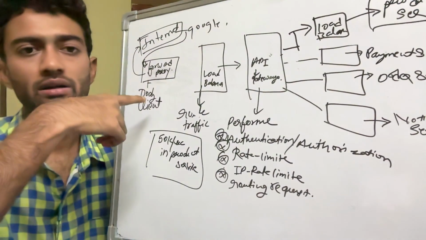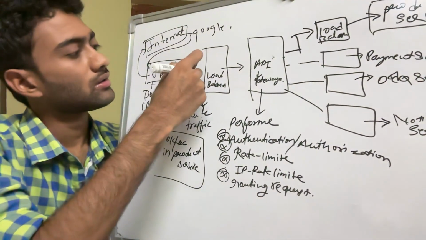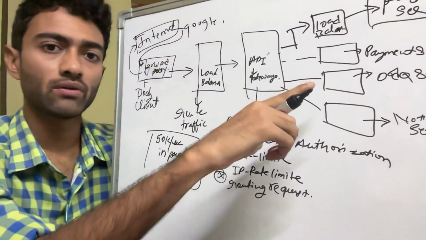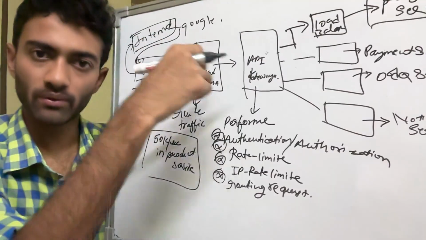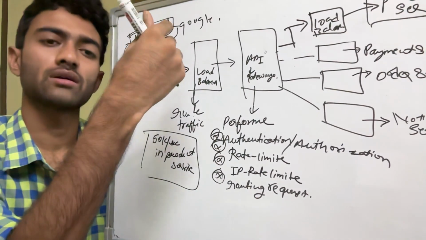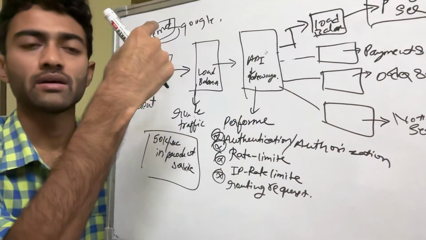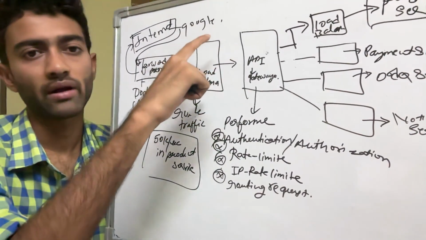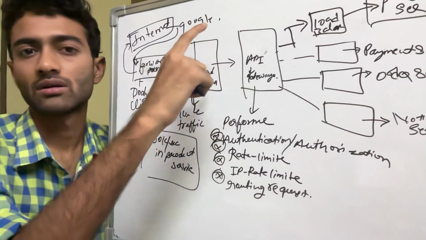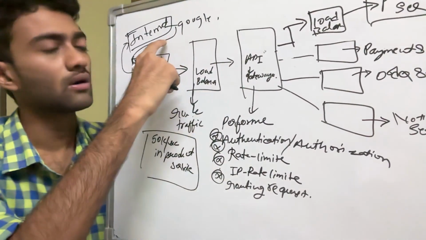Let's suppose this is the internet and this is the forward proxy, and after this the request is distributed across the systems. Before the load balancer, if the requests are to be distributed across servers, we will use a forward proxy. When we want to protect our exact servers, not systems, exact servers, we use a reverse proxy.